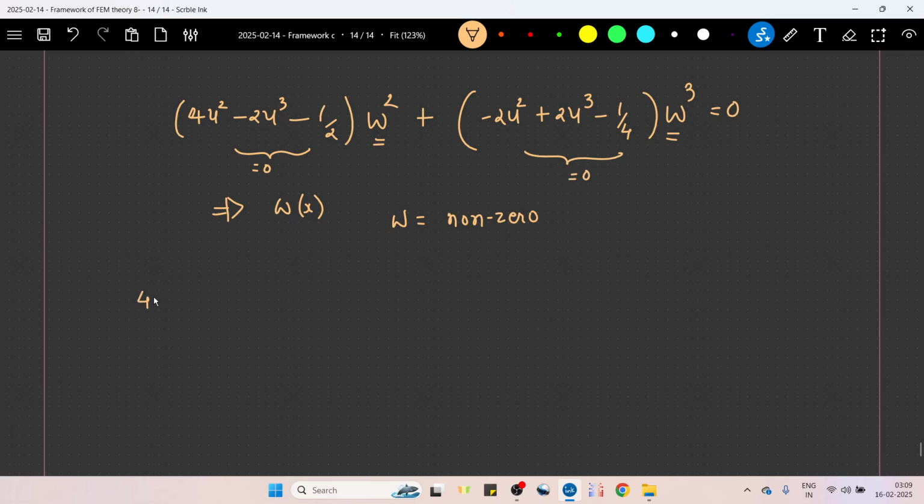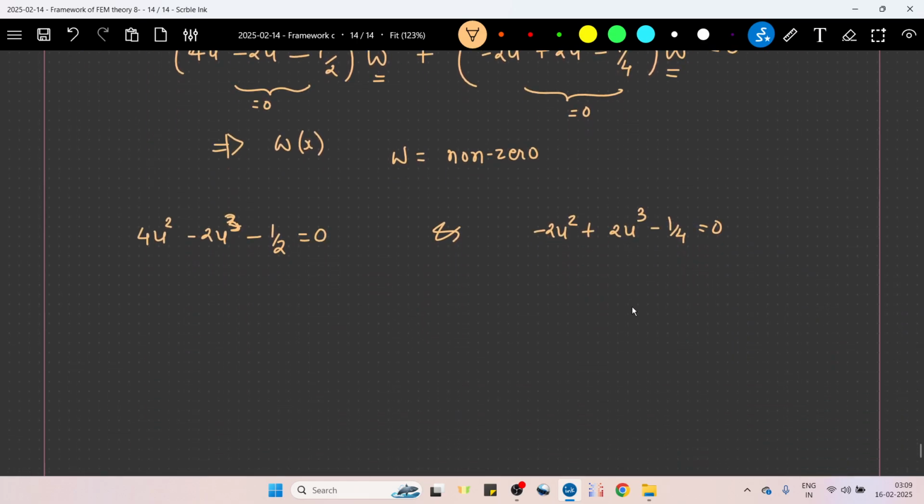So we have now two equations. 4u2 minus 2u3 minus 1 by 2 equal to 0, and minus 2u2 plus 2u3 minus 1 by 4 equal to 0. Two equations, two unknowns, u2 and u3.